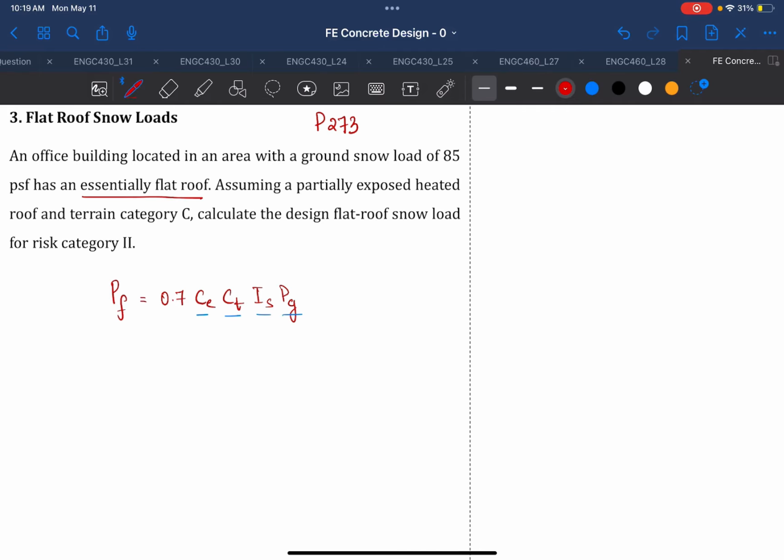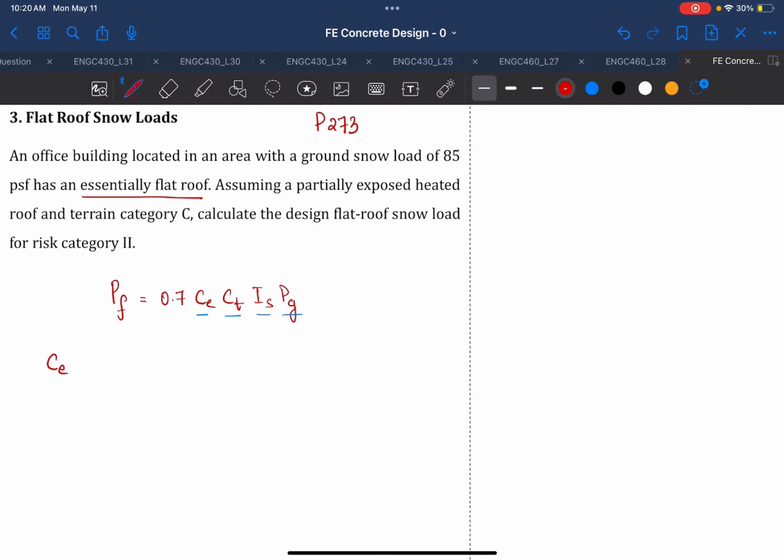So let's see your CE, which is your exposure factor. If you go to your table, you'll see that you need two pieces of information. Where it is built, your terrain category: is it suburban, open terrain, or open water, and how the roof is exposed: is it fully exposed, partially exposed, or sheltered?